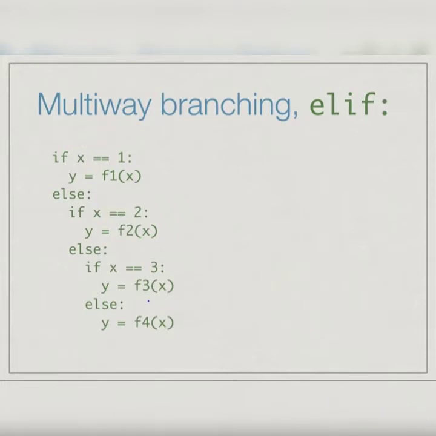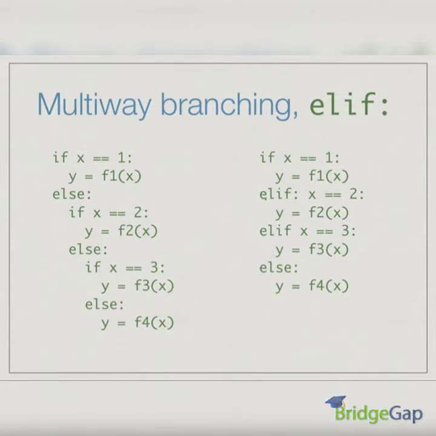So this is generally the old version of a program. In Python, we have a more efficient way of using if and else statements. We use elif in short form instead of else if. Now you can see on the screen that if x is equal to 1, then y is equal to f1(x) will execute.